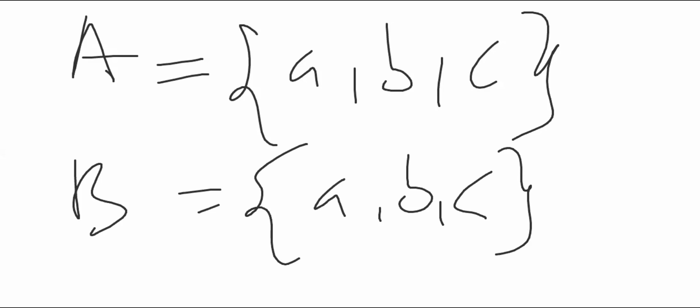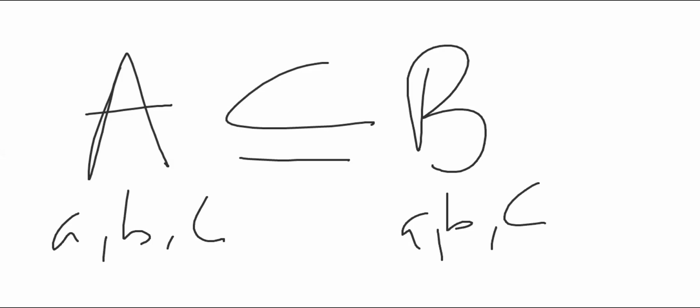A subset exists, for example, between A and B. A is a subset of B, or B is a subset of A, because all the elements in A are in B. And so you write it like this, with the subset sign. So you say A is a subset of B, because A, B, C is in A and A, B, C is in B.